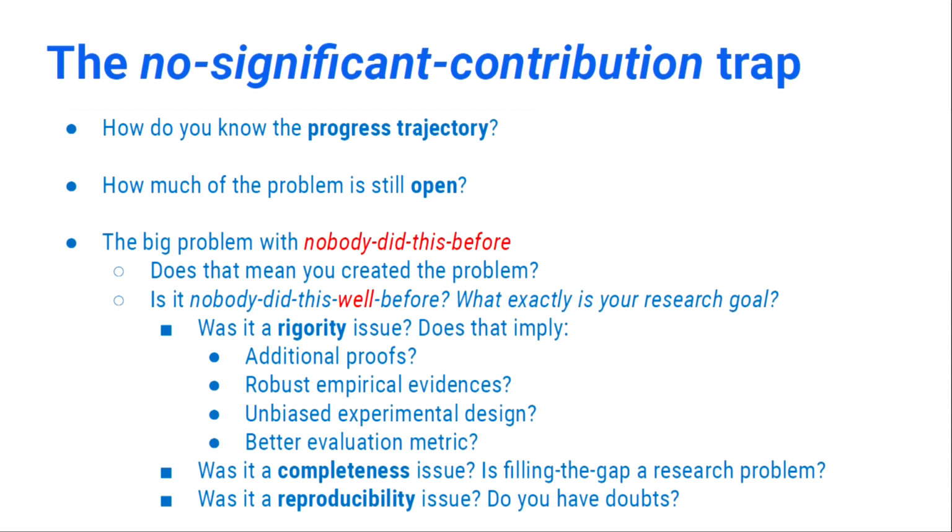And by rigor, what does it mean? Maybe additional proofs are required, or maybe robust empirical evidence is required, or maybe unbiased experimental design. The previous experimental designs were biased, or maybe a better evaluation metric is required, right? Or maybe it's not a rigor issue; it's just a completeness issue, right? So first, you need to look into that, even before thinking about whether the solution was good or bad.